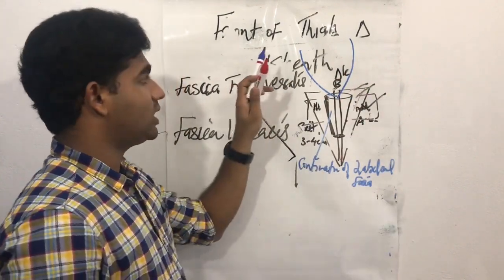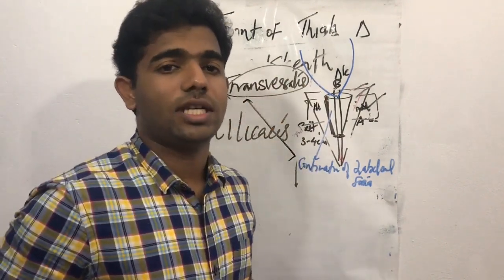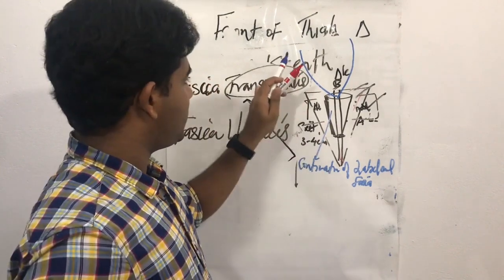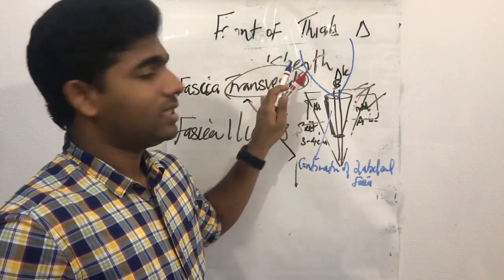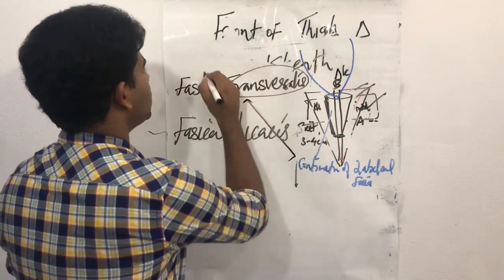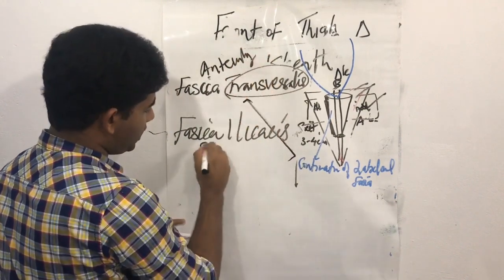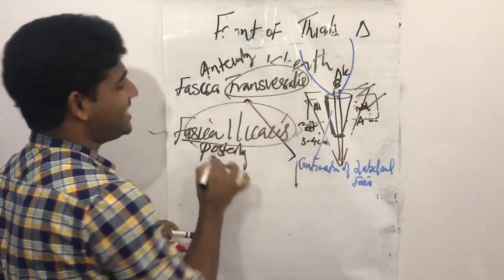The first one is fascia transversalis. You know that in the abdomen you have the transverse abdominal muscles in the anterior abdominal wall, so this is the continuation of the anterior abdominal wall fascia. That is the fascia transversalis anteriorly, and posteriorly it is the continuation of fascia iliacus.